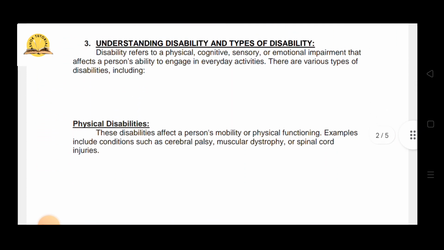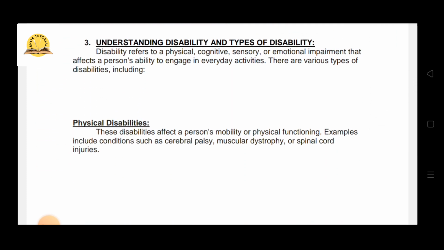Then now let us see understanding disability and types of disability. So we will understand now what disabilities are and what its types are. Disability refers to physical, cognitive, sensory or emotional impairment that affects a person's ability to engage in everyday activities.